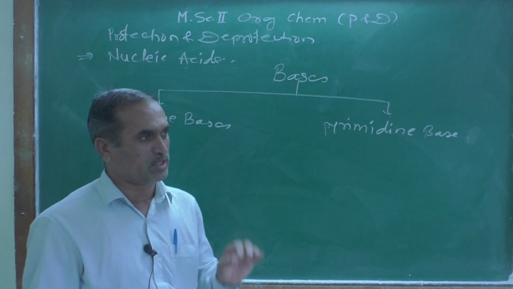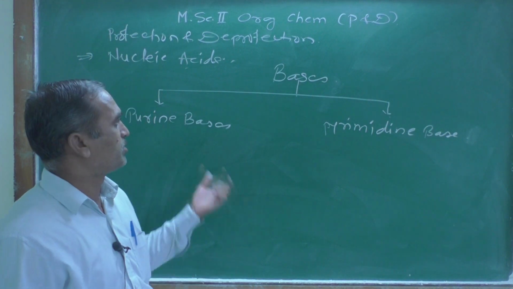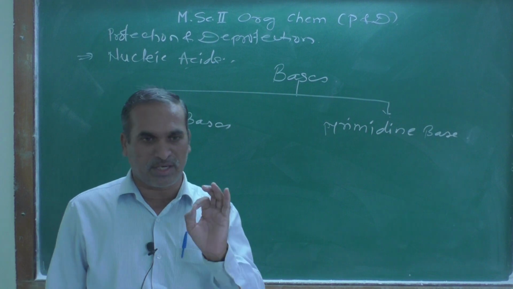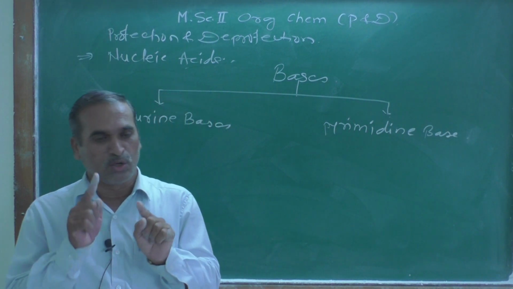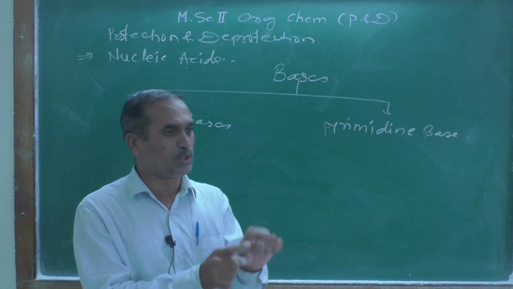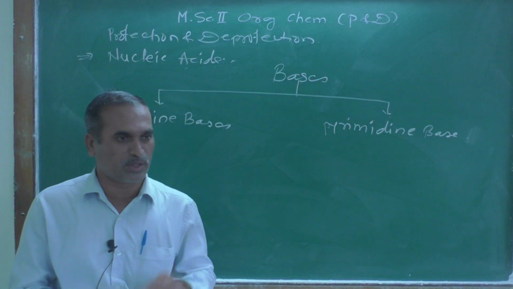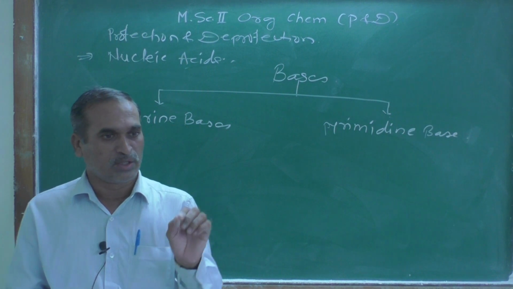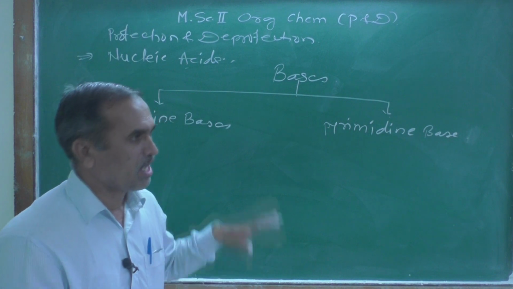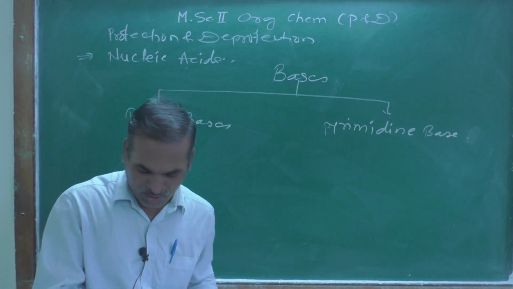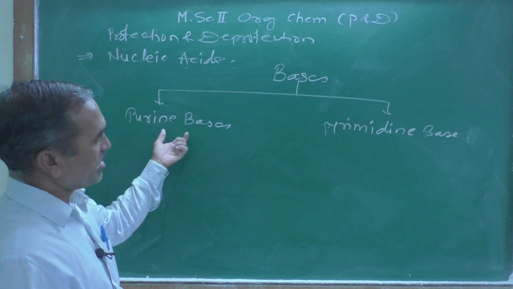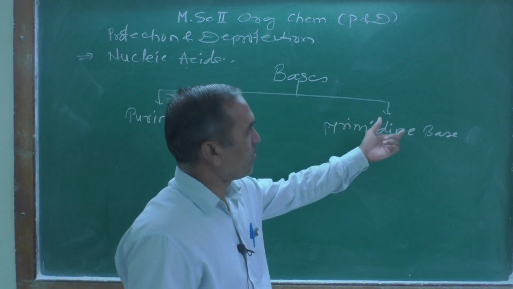Most compounds containing nitrogen atoms are basic because the lone pair has the ability to be donated to other species. Normally such species are known as bases according to Lewis theory. So these are purine bases and these are pyrimidine bases.